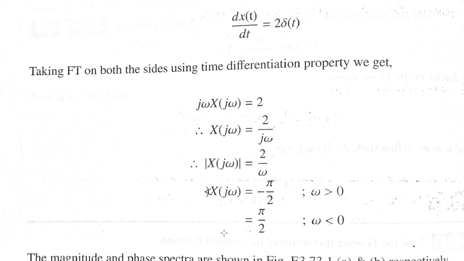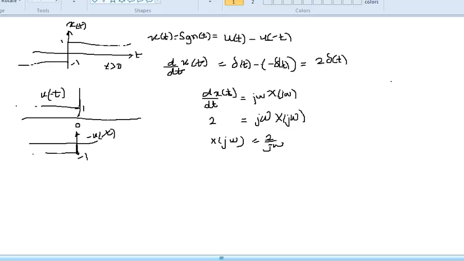I hope there is no confusion with this magnitude, otherwise let's do it. The magnitude of this X of j omega is equal to 2 divided by root of omega square, which is nothing but 2 by omega itself.